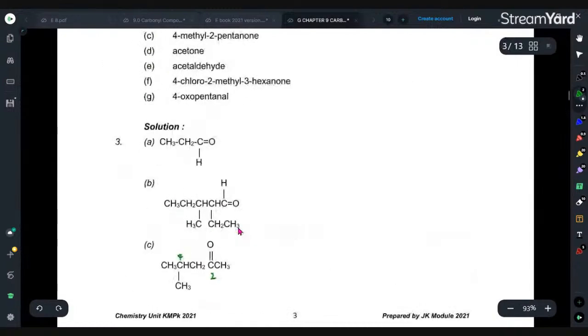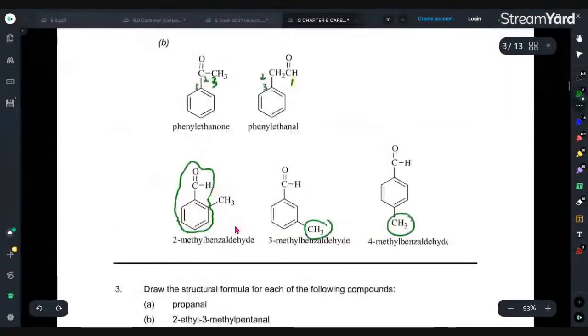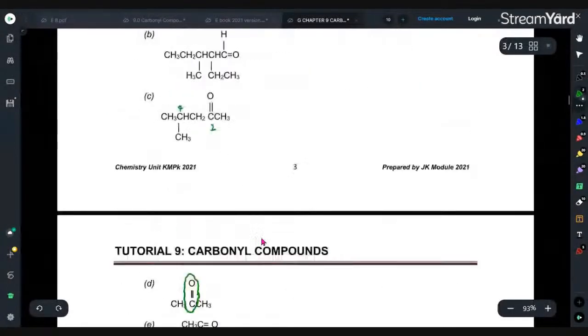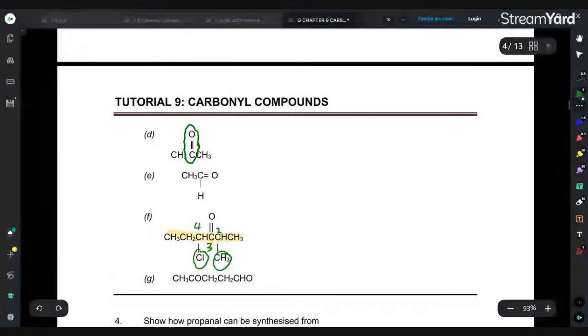So hexanone, 3-hexanone, and then 2-methyl, 4-chloro. So 4-chloro-2-methylhexan-3-one. This is position number 2, 2-methyl, 3-hexanone. The last one, there are 2 C double bond O. One is aldehyde, one is ketone. Okay, let's try. This is 1, 2, 3, 4, 5.